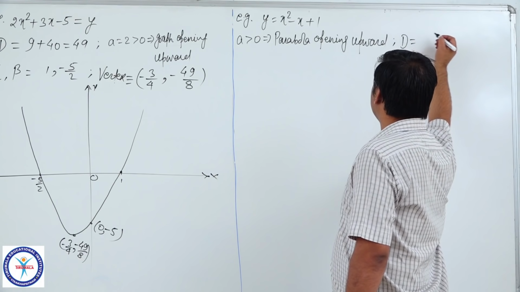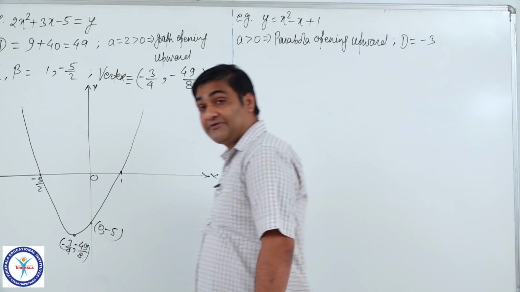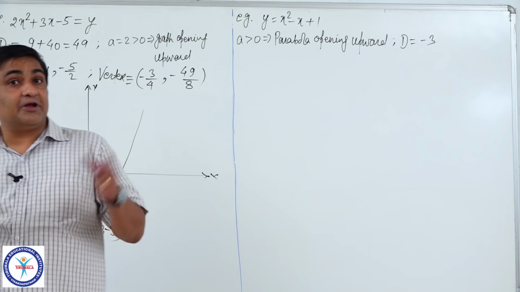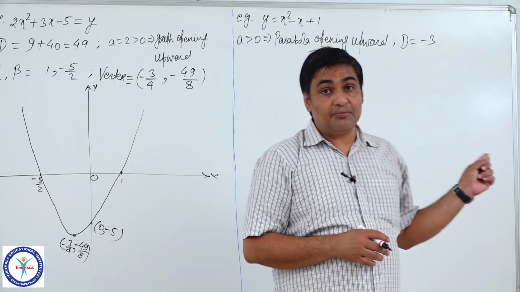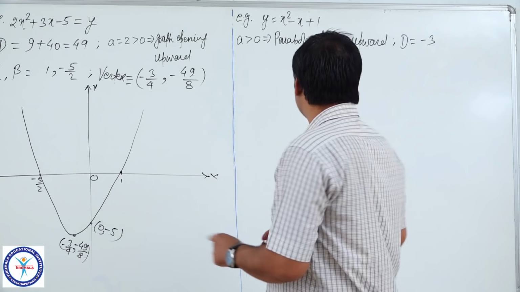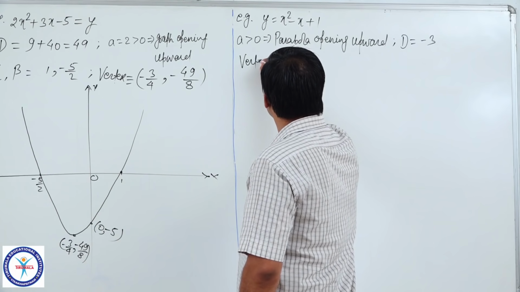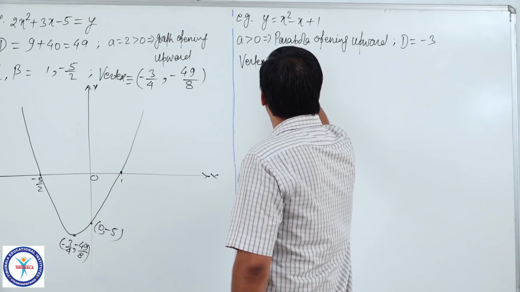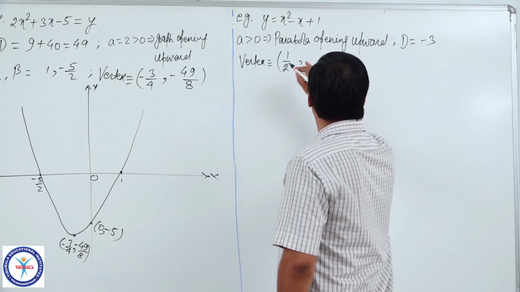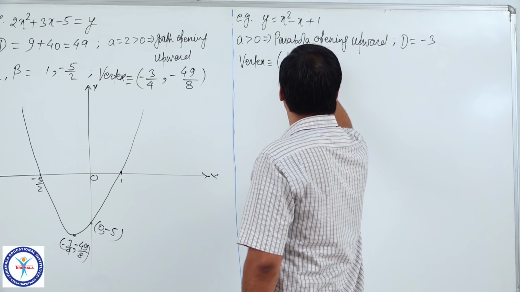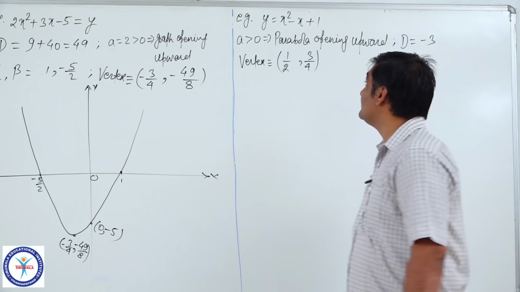D equal to minus 3, D negative, in which case the parabola opens upward with no real root, meaning no common point with the x-axis. And the vertex, minus b by 2a means 1 by 2, comma minus d by 4a, 3 by 4. Vertex is in the first quadrant.